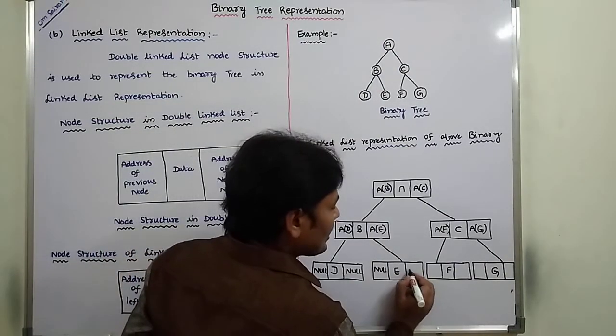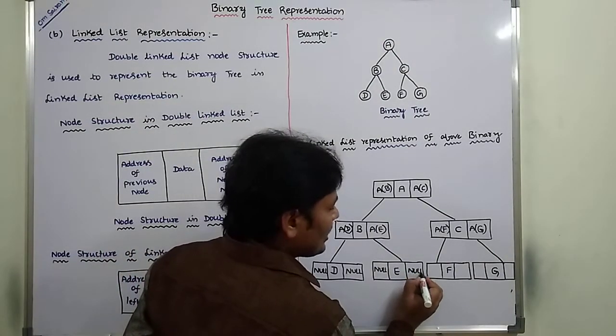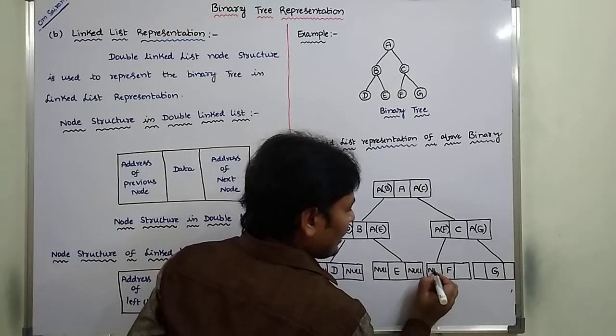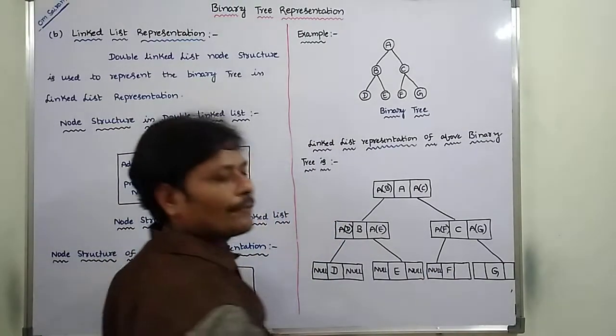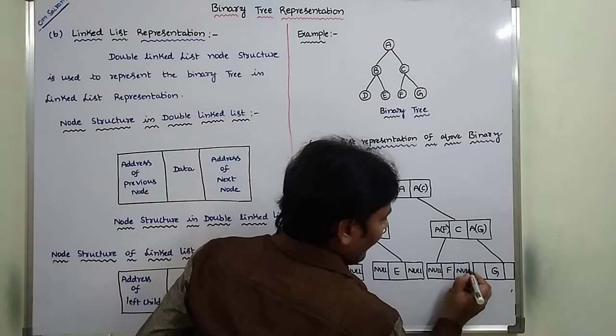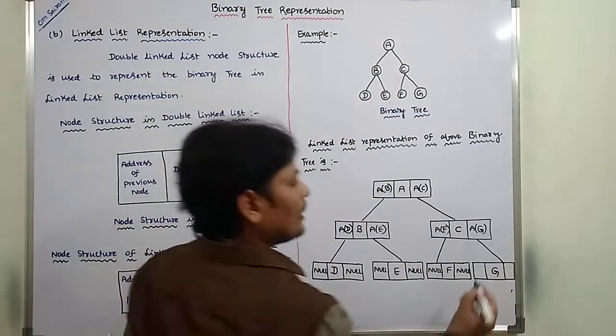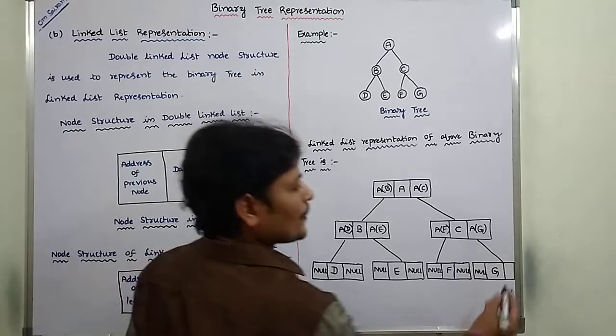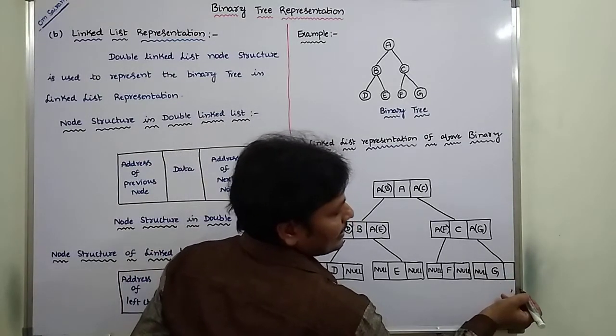E right child is not there. Address of right child is null. F left child is not there. Address of F left child is null. Address of right child of F is null. Next, address of left child of G is not there. We have to write null. Address of right child of G is null.